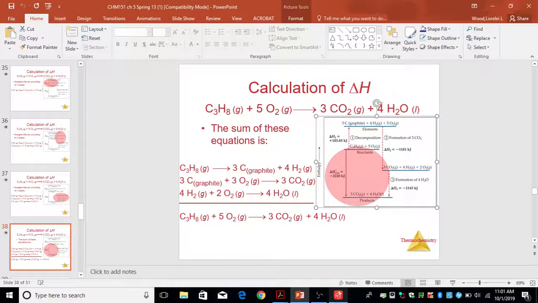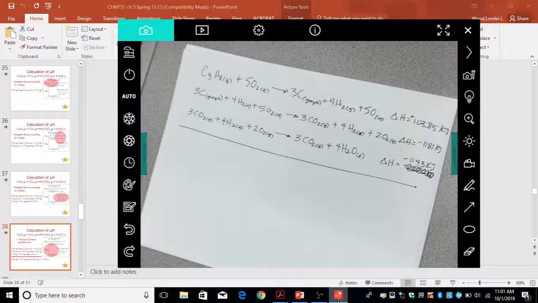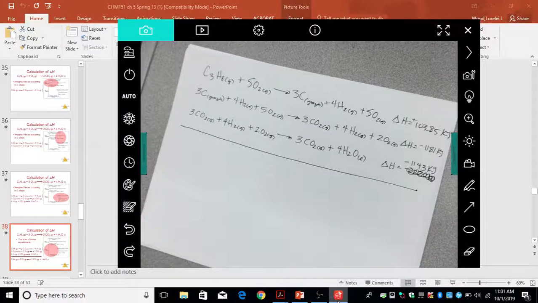You're right. That is the overall enthalpy. All right. So now look at it this way. Now this is sort of like algebra. In algebra, you sometimes combine equations and cross out like terms. That's exactly what you're doing now. You're going to combine these three equations, cross out like terms, and the like terms are what we call intermediates. They do not show up in the overall final equation.